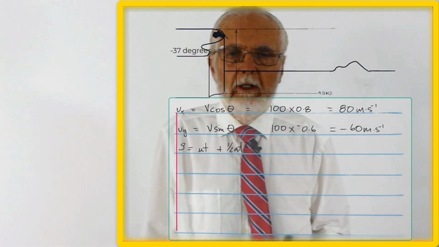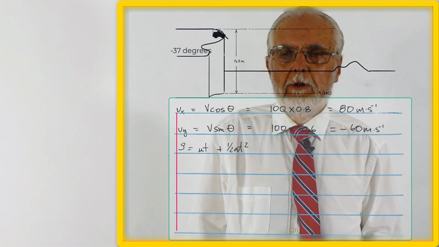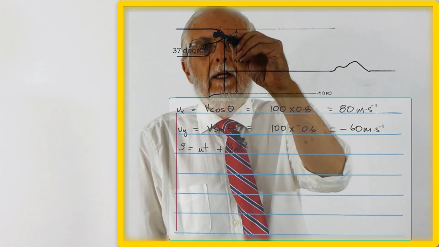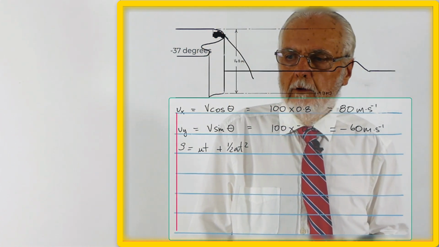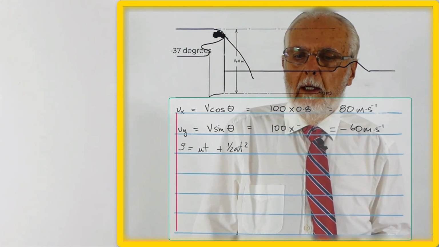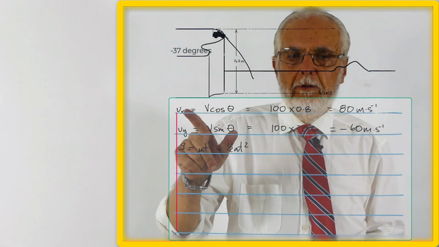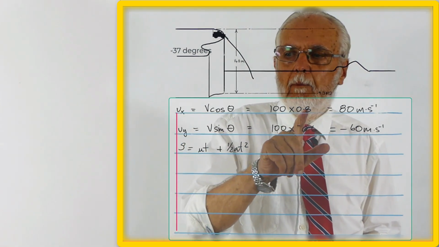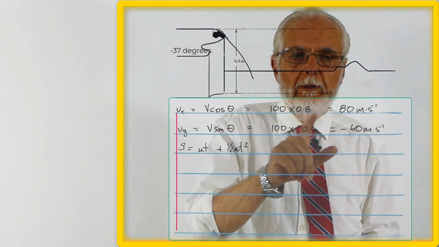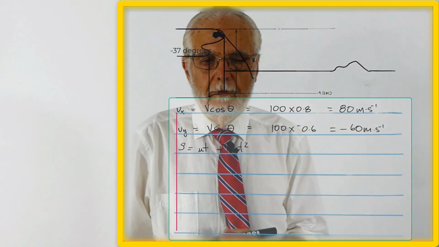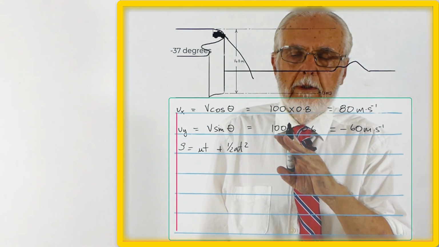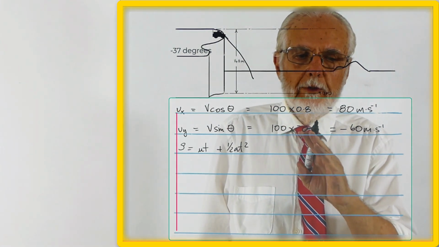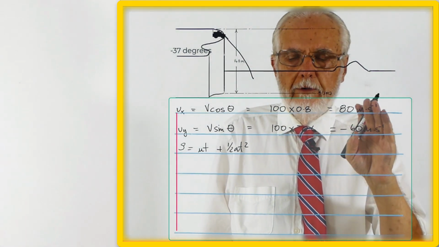Lastly, we have the projectile being fired downwards at an angle of negative 37 degrees. So we proceed as before, but this time we've got Ux is equal to cos 37 times 100, which is 80 metres a second. Uy is sine negative 37, which is 100 times negative 0.6, which is negative 60 metres a second.